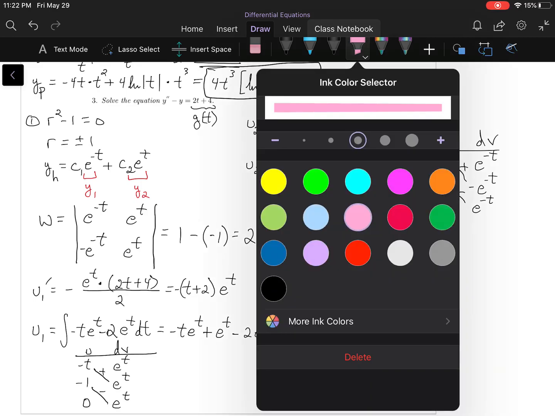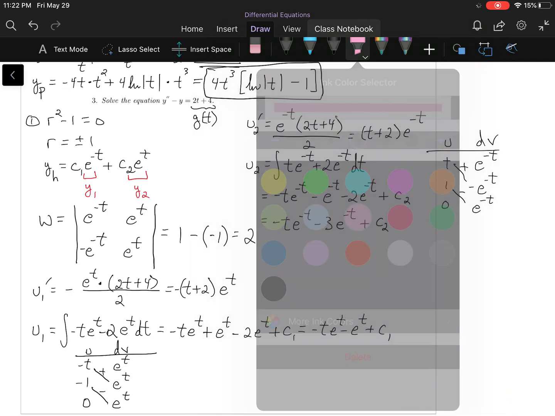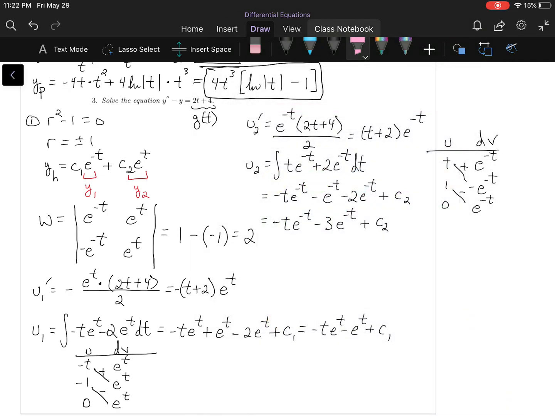Just to keep track of what we have, this is our u2. Here's our u1. So those are what we are going to be pulling in to our final solution, which I'll squeeze in over here.